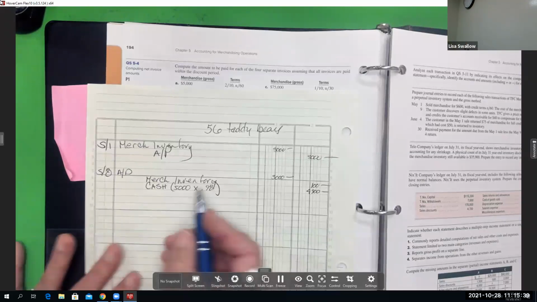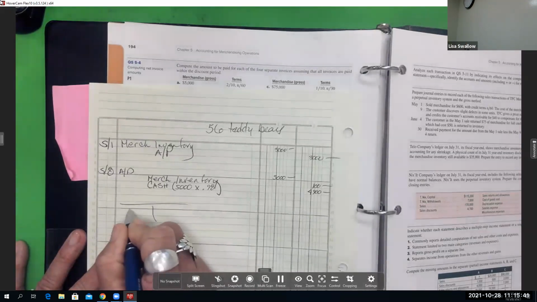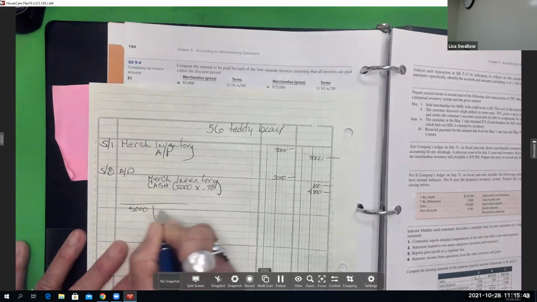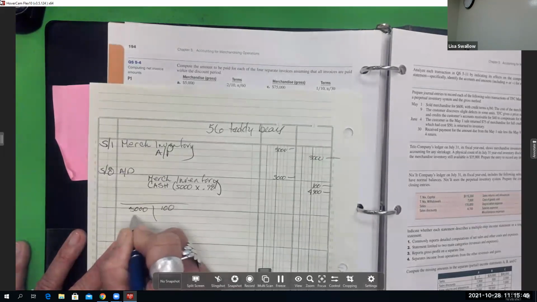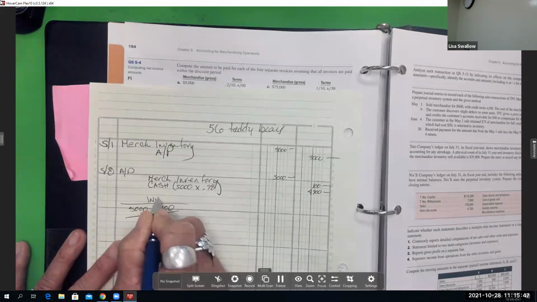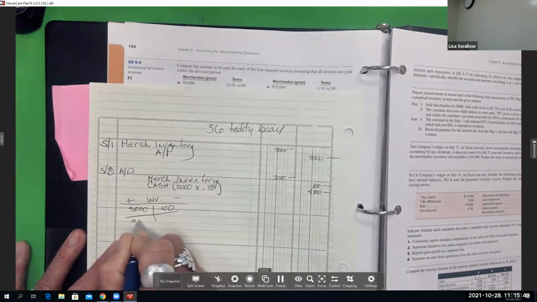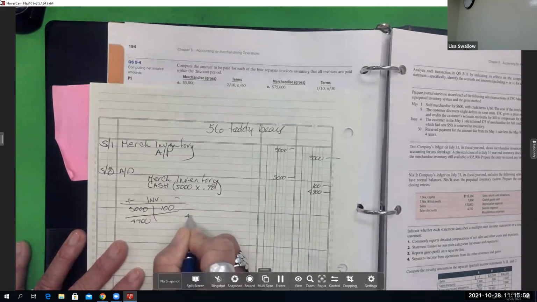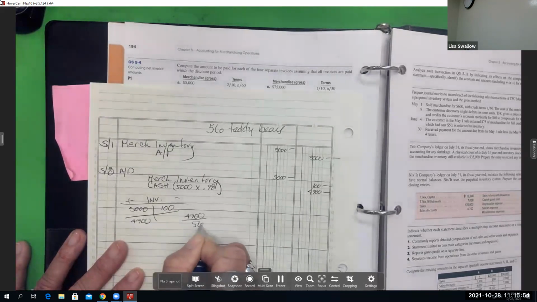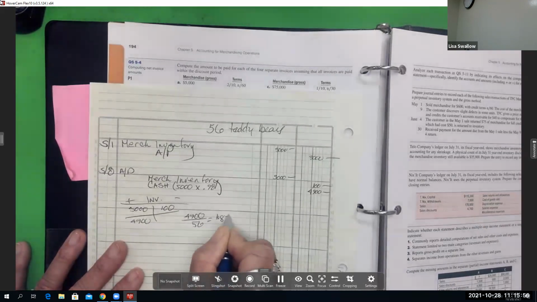Okay, let's see. So here's my inventory account, right? I started with $5 grand, and then I posted $100 credit. So $4,900 is in there. Divided by 56. What does that give me? Great.